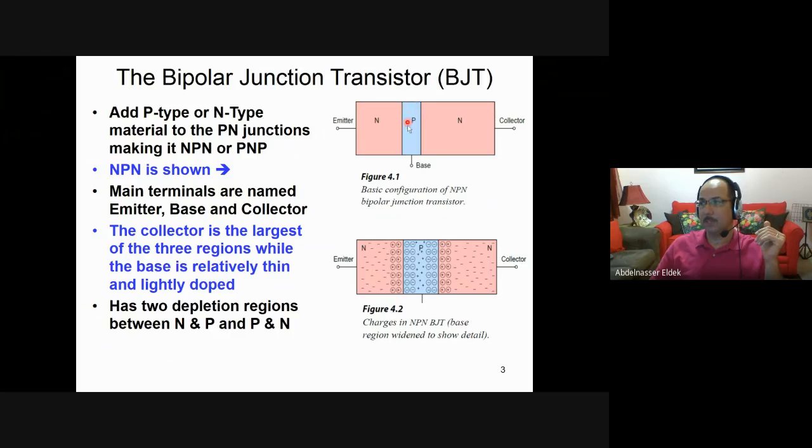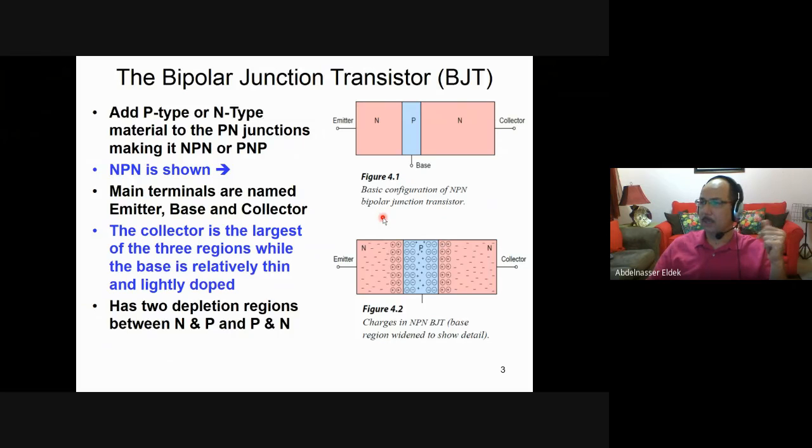But usually this base is very small with respect to the emitter. The collector is the N-type, and it is larger than both, larger than the emitter. So this one is very small. This one is much larger than the base, and the collector is much larger than both the emitter and the base.